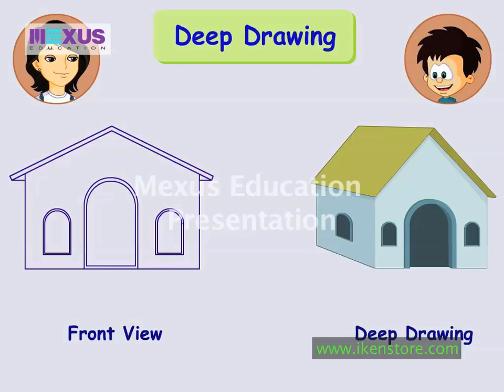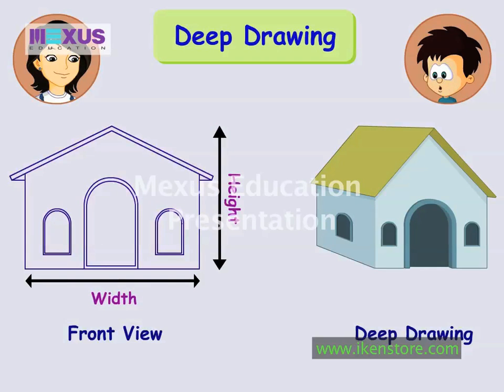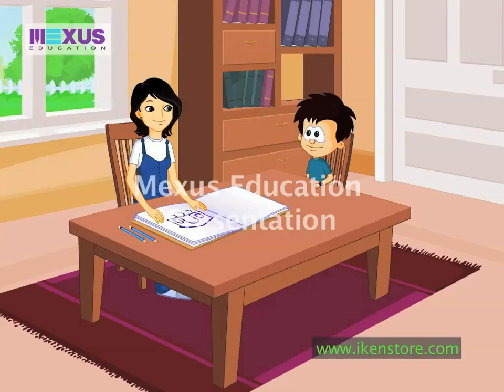I know. In the front view, we can see only the width and height of the house. But a deep drawing also shows depth. Wow, Aparna, this deep drawing gives a proper idea of what the final doghouse will look like. I know. Hey, I'll help you in constructing the doghouse.